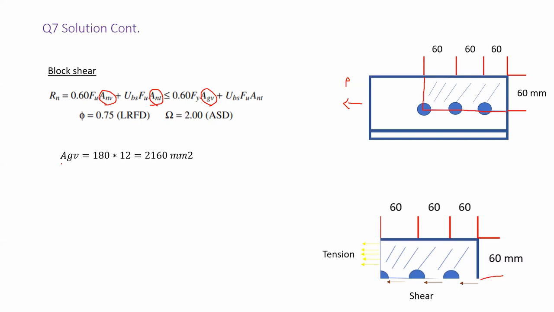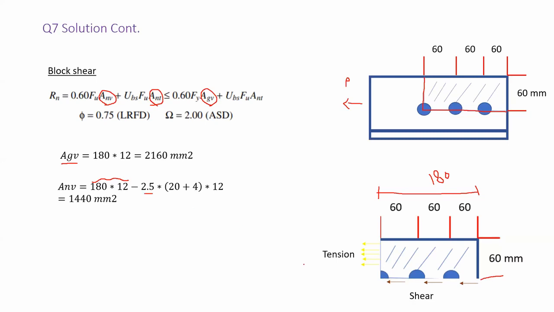Now, if we calculate for the gross area in shear, we take the whole thing from here until there. This distance would be 180 multiplied by the thickness 12. So you got your AGV. If we consider the net area in shear, now it is going to be equal to the gross area in shear, this one, minus the reduction caused by holes of bolts.